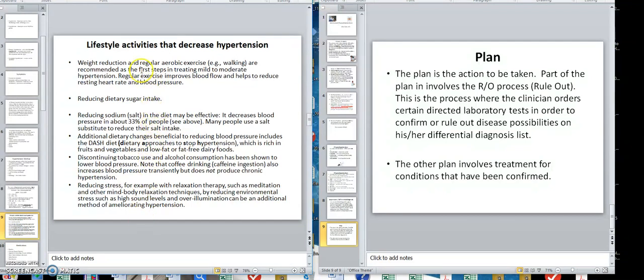The correlation between being overweight and hypertension is not direct, because there are some people who are overweight who don't have hypertension. So the only way we would know is if you're overweight and we tell you to lose some weight and you do, and the hypertension decreases or goes away, then that was the mitigating factor.